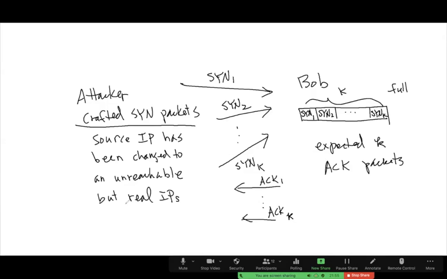And of course, it needs to have real IPs because Bob can check the domain name, can check whether some IPs are not reachable. So this is a real machine's IP, but it's not reachable. For instance, that particular machine doesn't respond to any requests, or is shut down or taken off from the network.